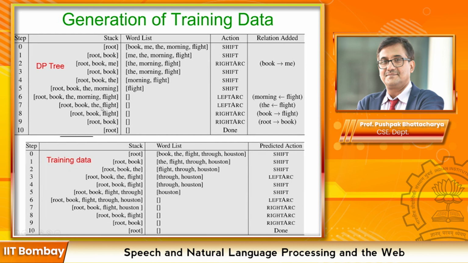From the dependency parse, you are able to generate the training data in a convenient form, convenient for guiding the transition parsing process. The dependency parse, by the way, is processed almost as such for probabilistic dependency parsing.